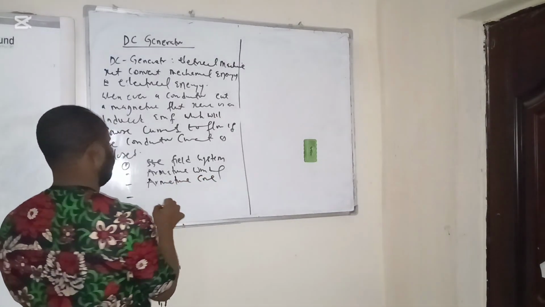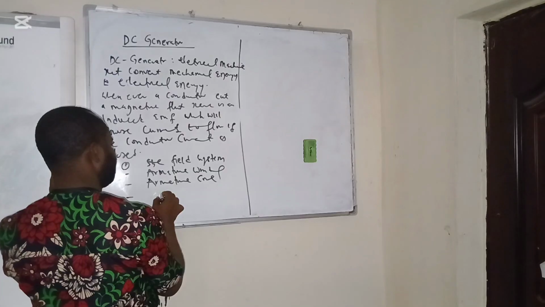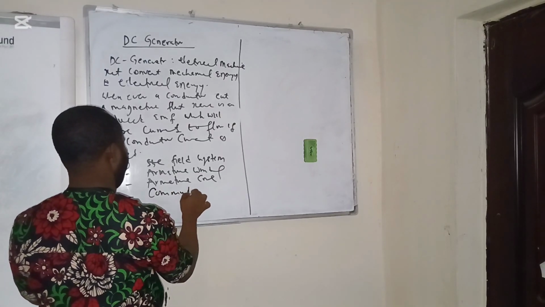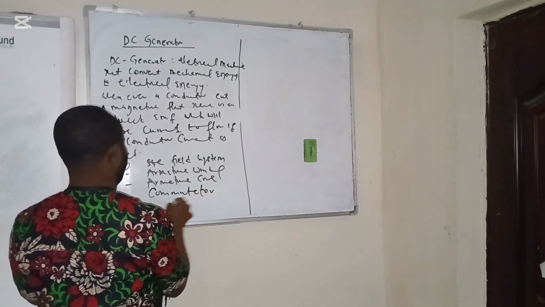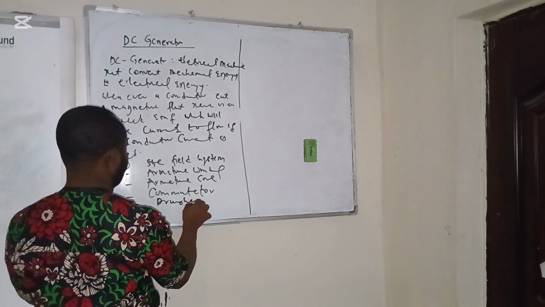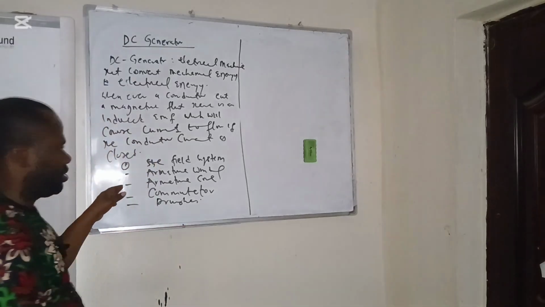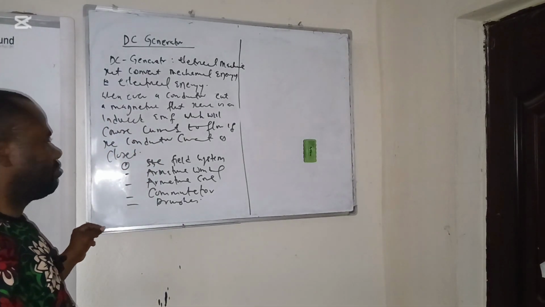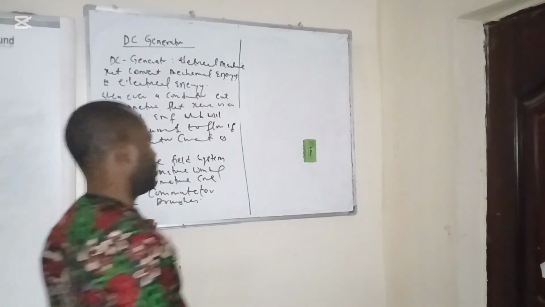We have the commutator. We also have, finally, brushes. So these are the 5 major components that make up the DC generator.